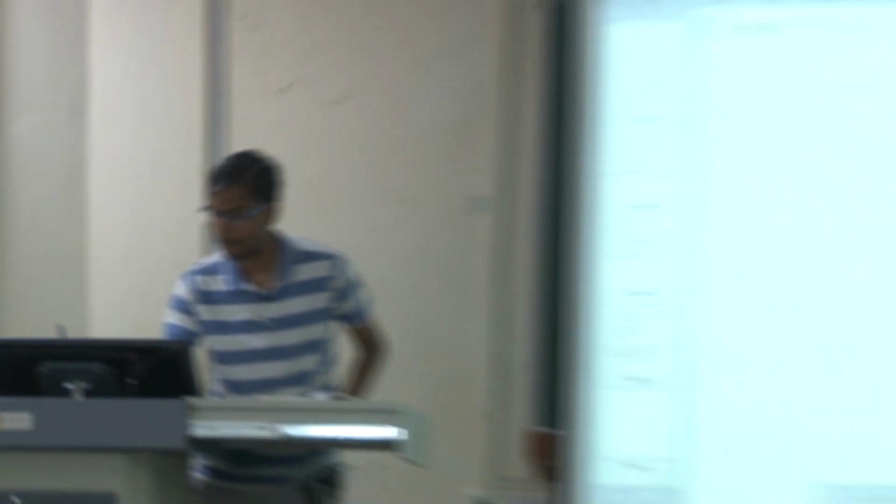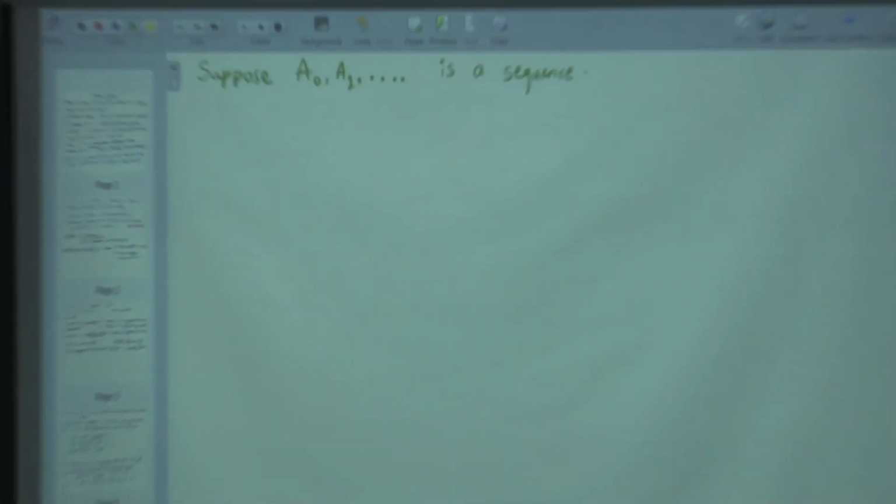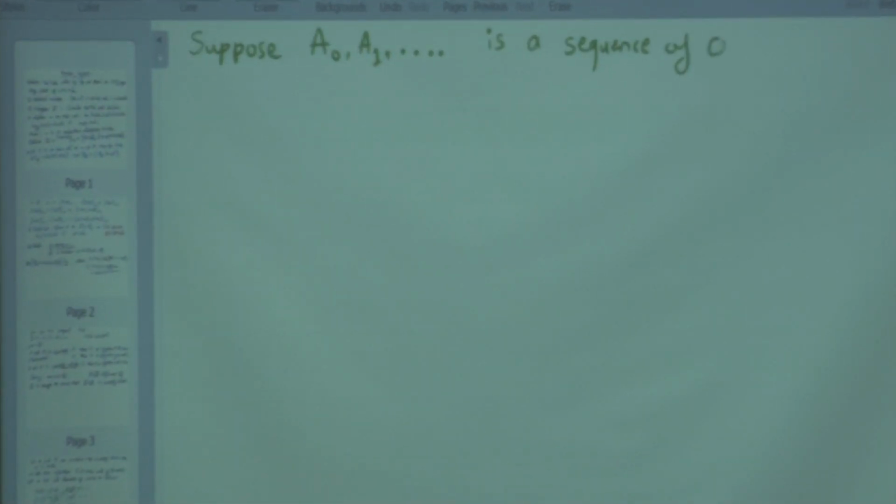Maybe I should write down the question. Suppose A0, A1, and so on is a sequence of countably infinite sets.